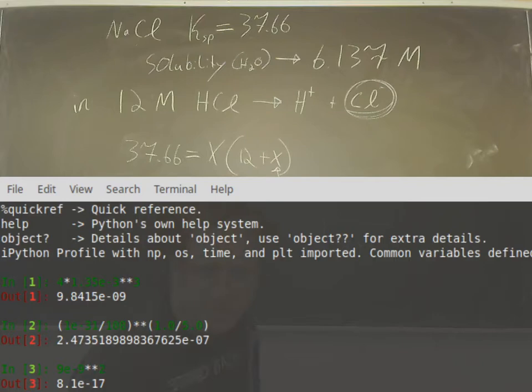So probably we're going to have to solve this quadratically. And I don't necessarily want to go through the quadratic formula. So I'm just going to solve this using an algebraic solving tool like Wolfram Alpha.